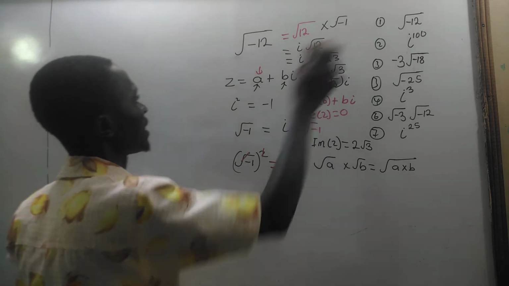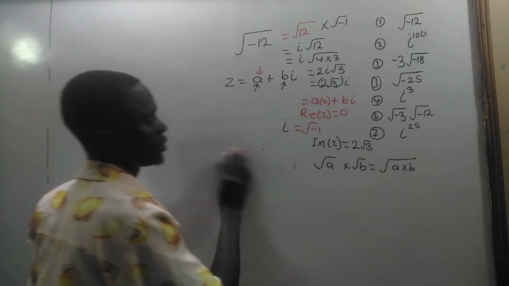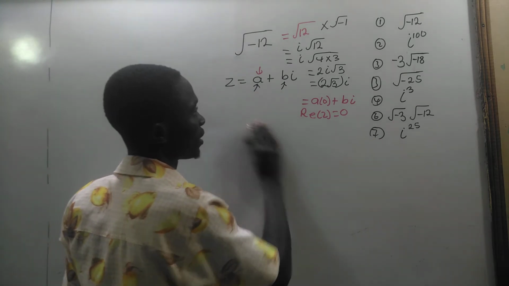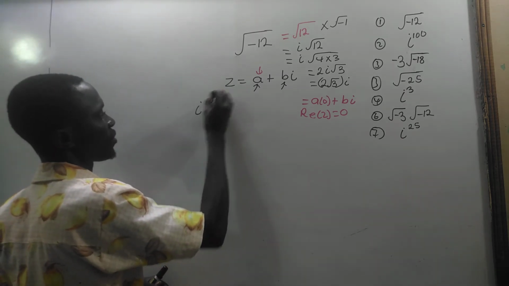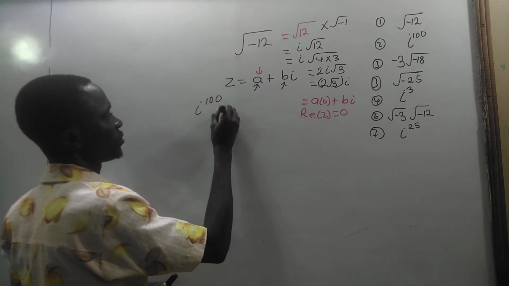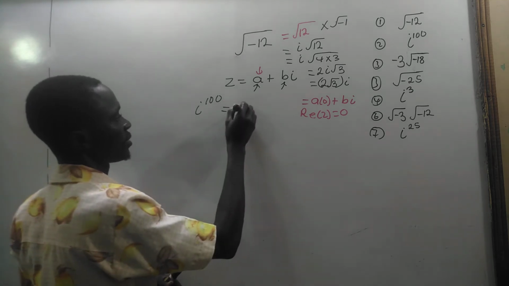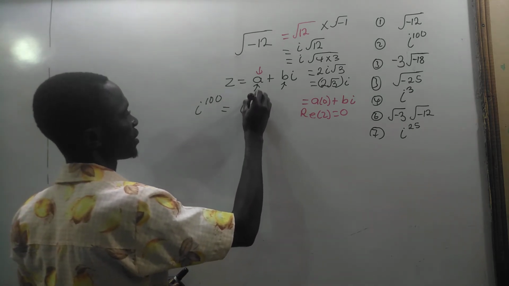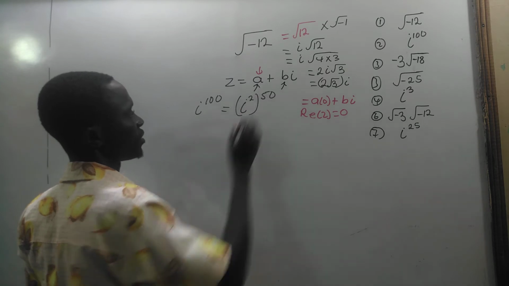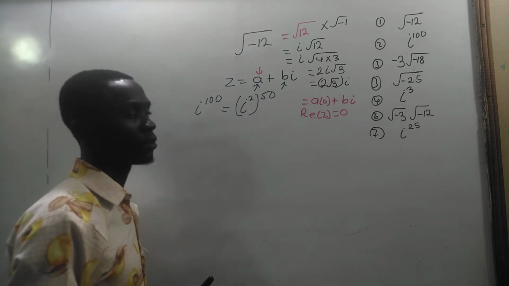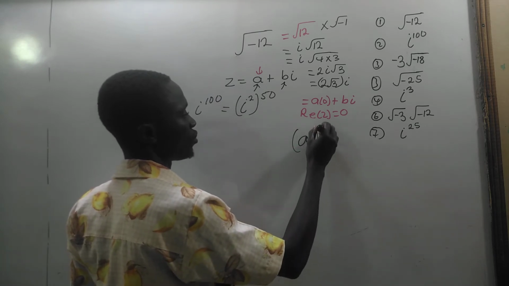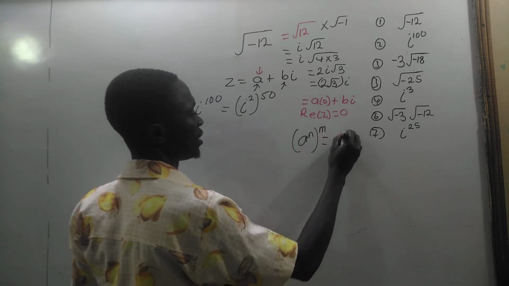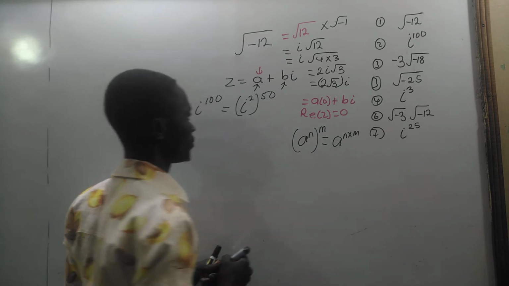Now, if you consider the second one, we have i to the power 100. Now, we do this as i squared to the power 50, because we know from the basic laws of exponents that if you have a to the power n raised to the power m, we are going to have a to the power n times m.